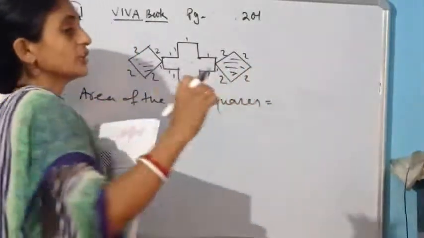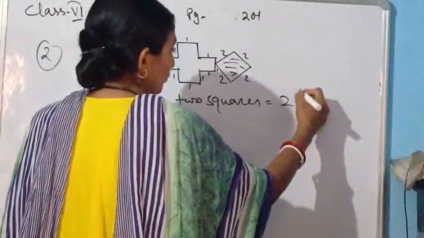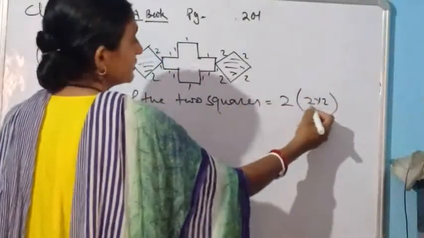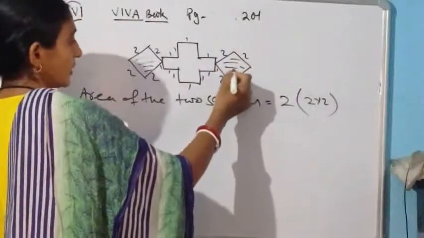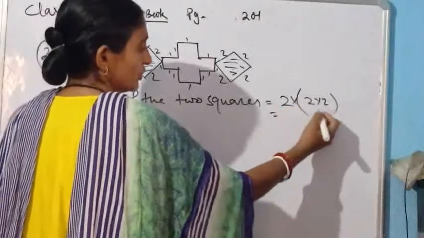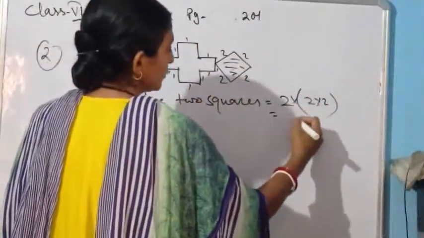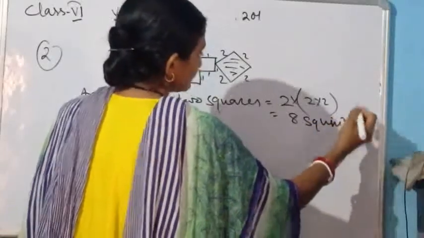Definitely you know that a square means side into side, but here as it's 2, we are going to multiply 2 into 2. This is the square unit, that means the area of one square. Here you have 2 squares, so I have multiplied this by 2, and you are getting 8 square units.